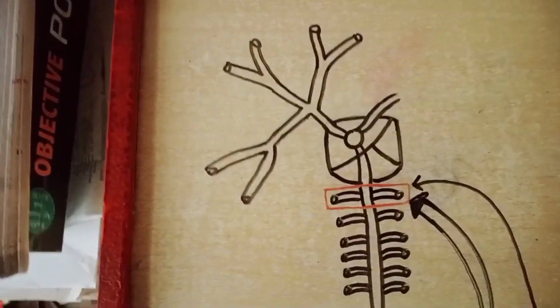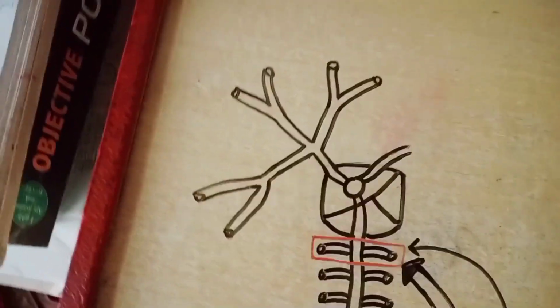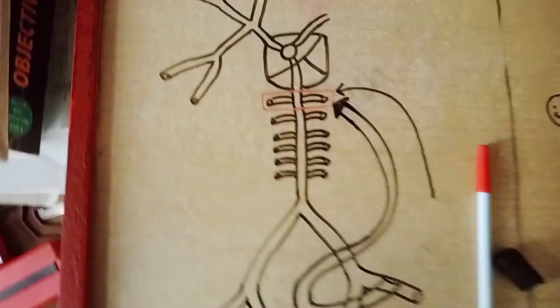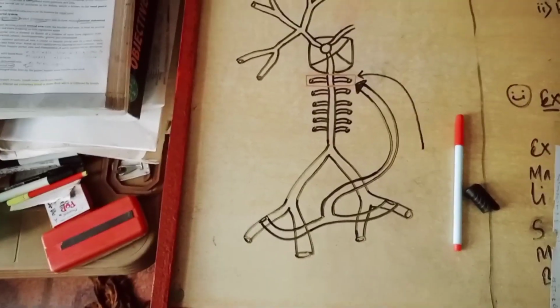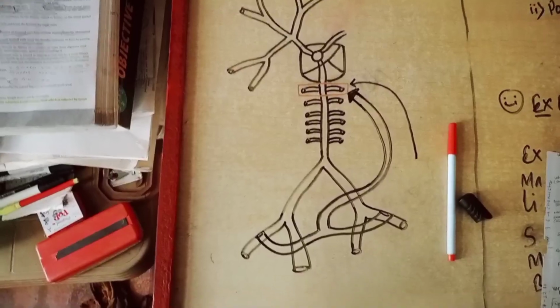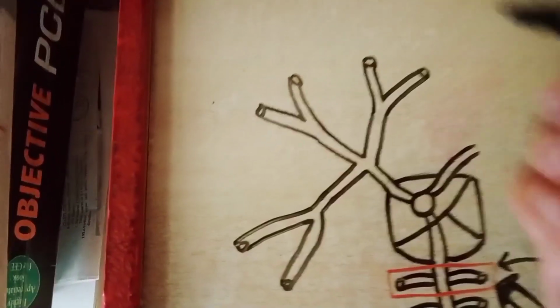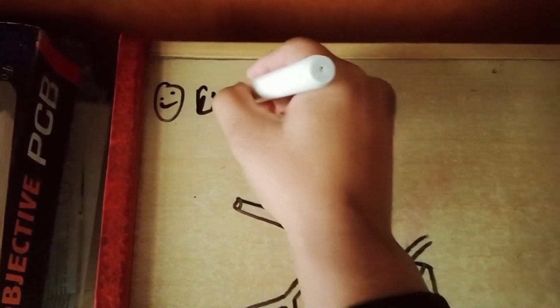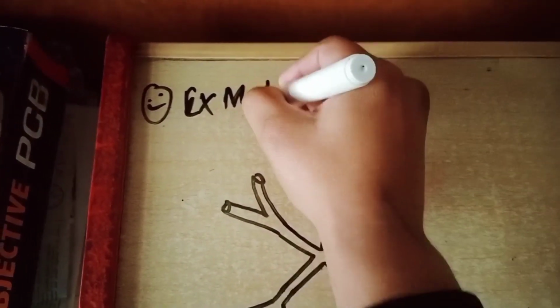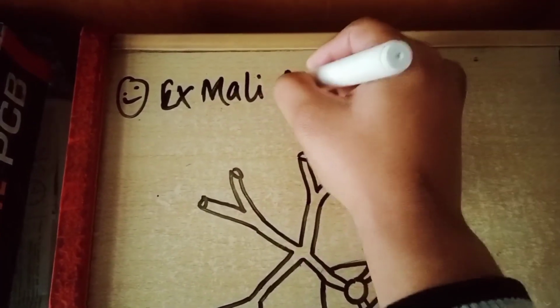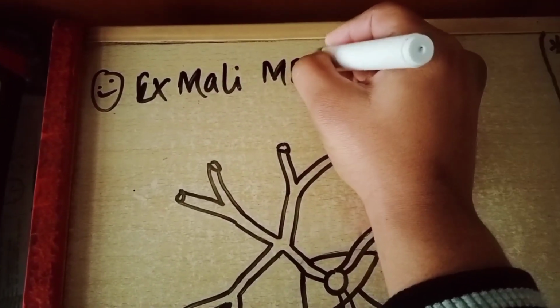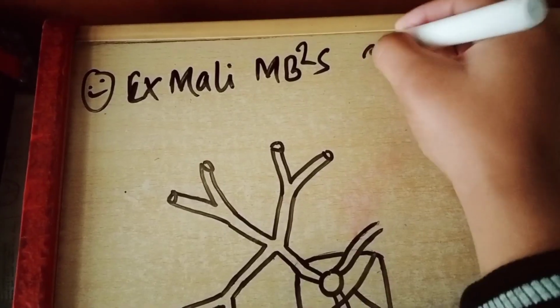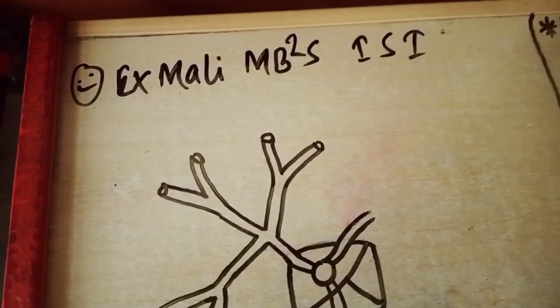Now it is time to understand the trick in the figure. This is the figure of the venous system of frog, and we have the trick X Mali MBBS ISI.